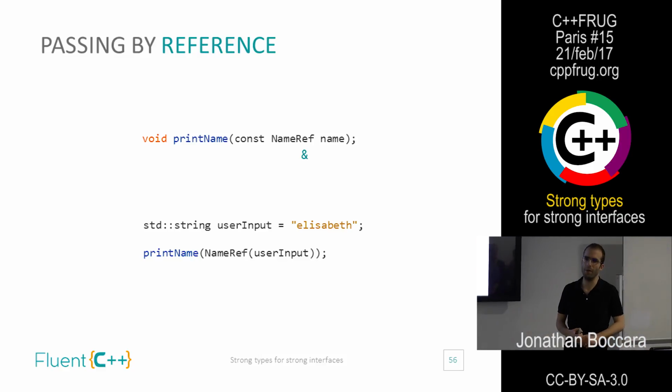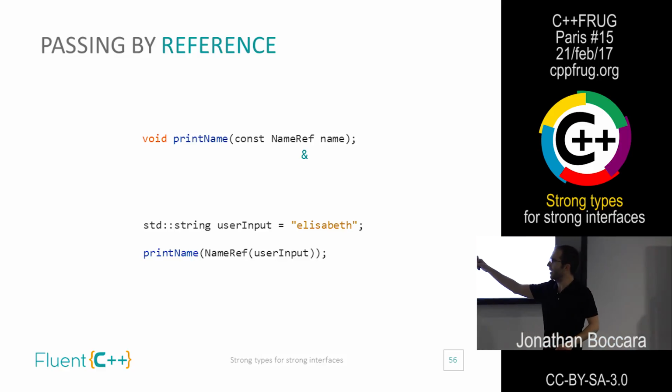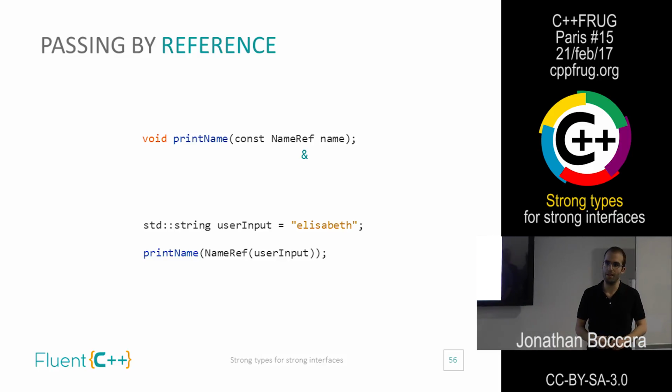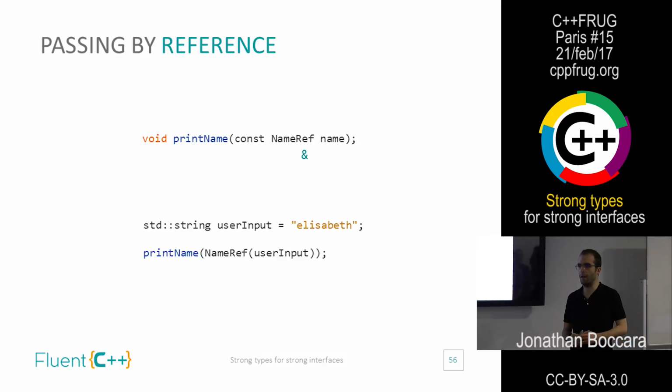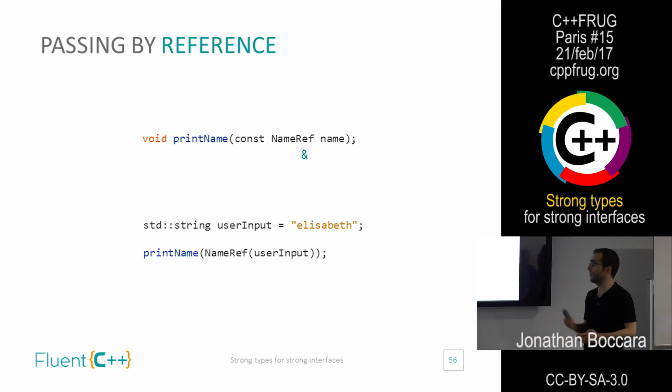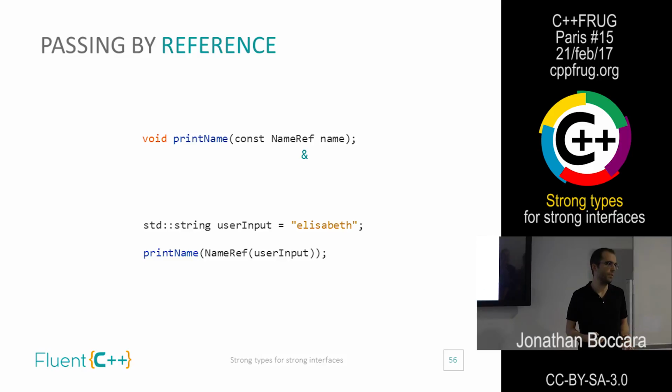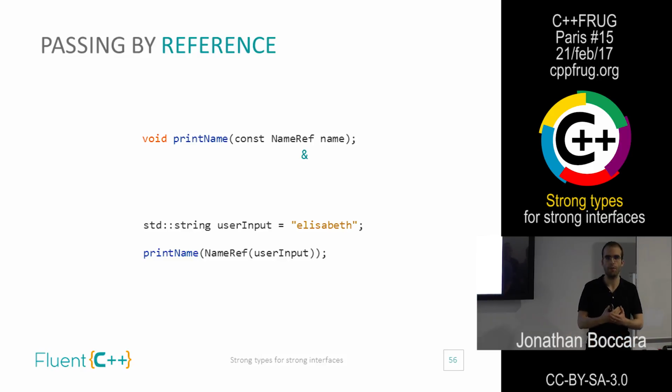The curious thing though is that at call site it has to be a name ref. So is that a good thing or is it a bad thing? I think the answer is it's kind of both. It depends. If it's a reference to non-const, which is not the case here, then it can be seen as a good thing to show it's a ref, because it can be modified by the function, right? Taking by reference to non-const.